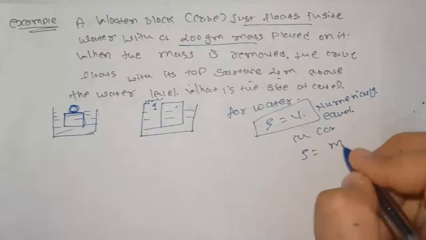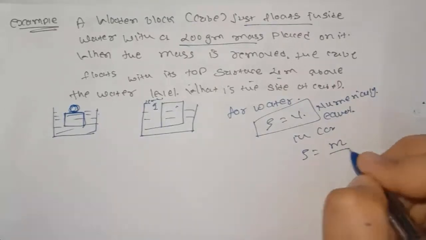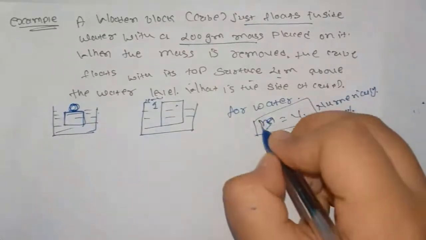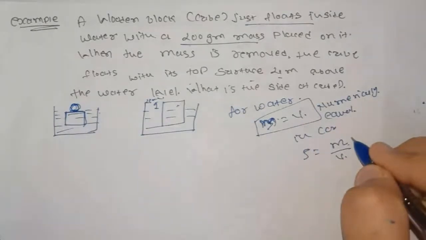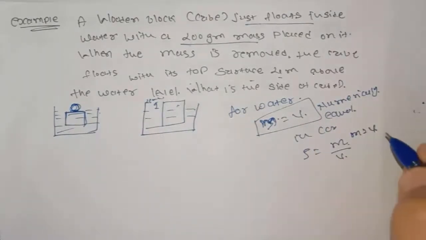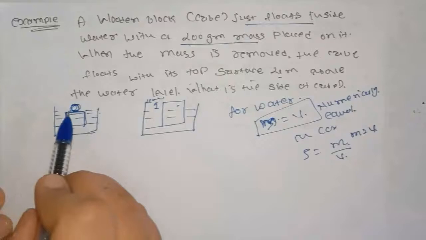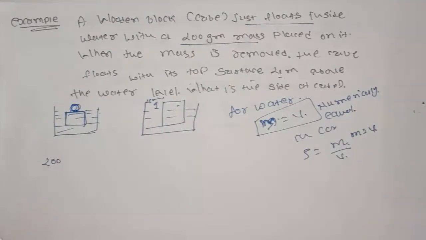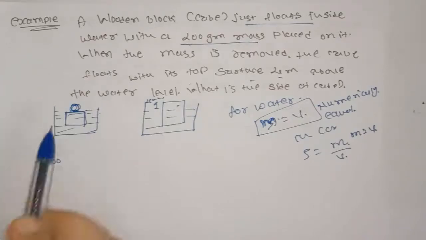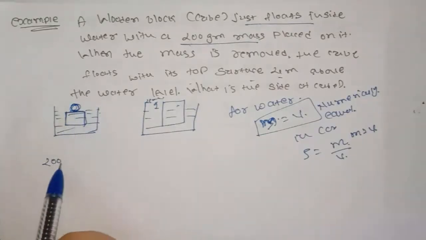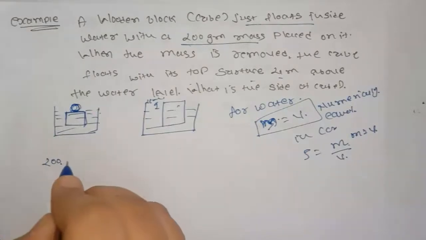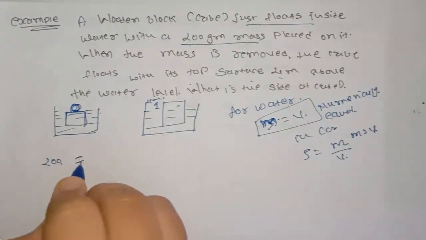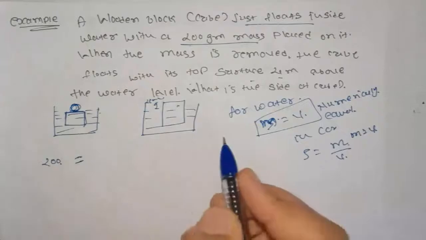Density is equal to mass upon volume. Density is 1, so we can write mass is equal to volume. The additional mass we have kept of solid object is 200 gram. So that will be the amount of water displaced in centimeter cube.